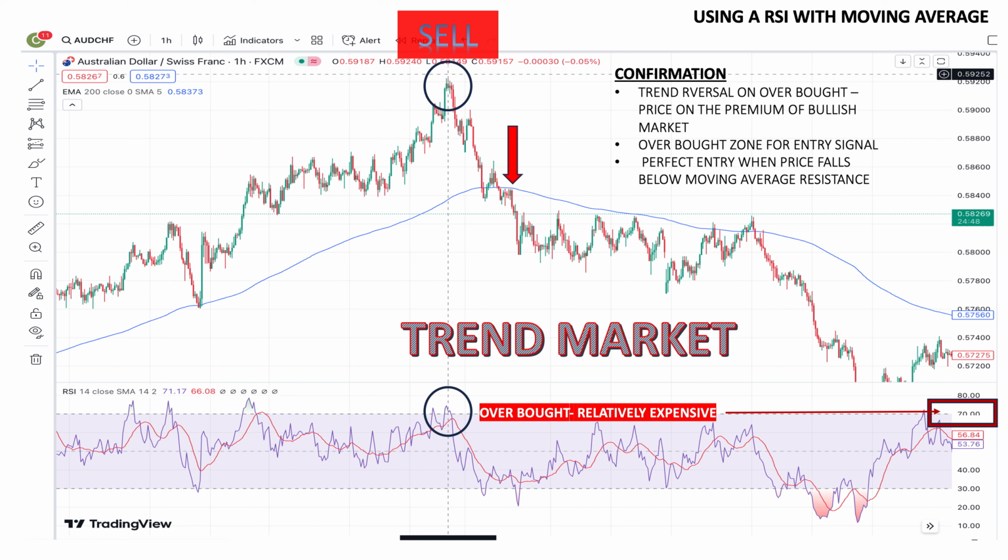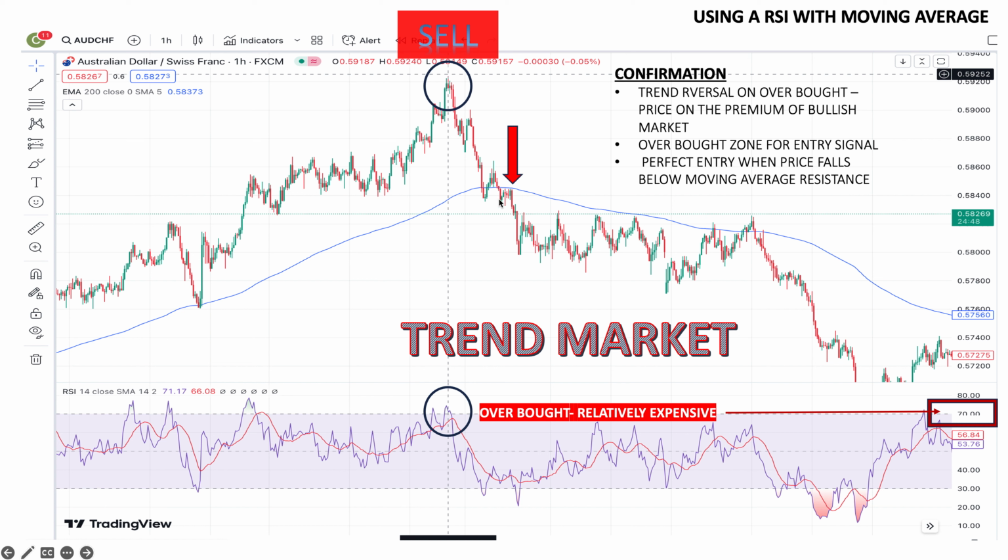So when you see an overbought relative strength position above 70, it gives you the first signal for a sell. So now you know that it's going to become bearish soon. Now, you can confirm that you want to take a sell when the price falls into the moving average, and it has to fall under the moving average and then find a resistance there.